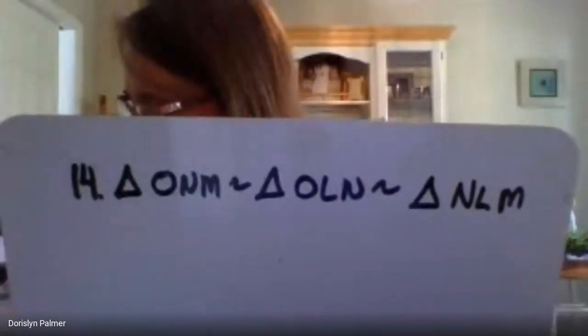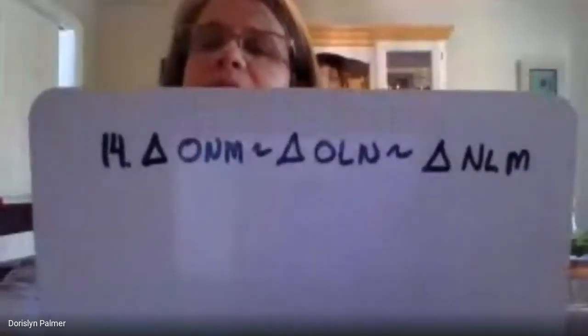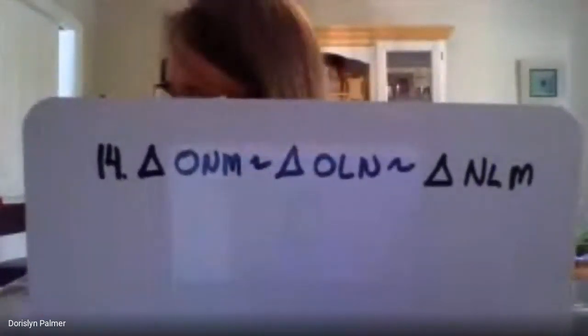ONM, OLN. The last one should be NLM. Oh, yeah. Okay, so something like that, but you might not have it in that order, but just make sure you keep all the letters corresponding the same way.